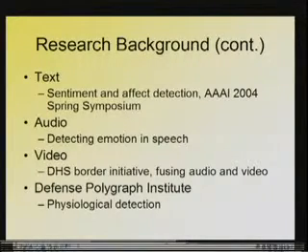In related areas, in natural language processing there's been a recent interest in detecting sentiment or emotion or affect in text.